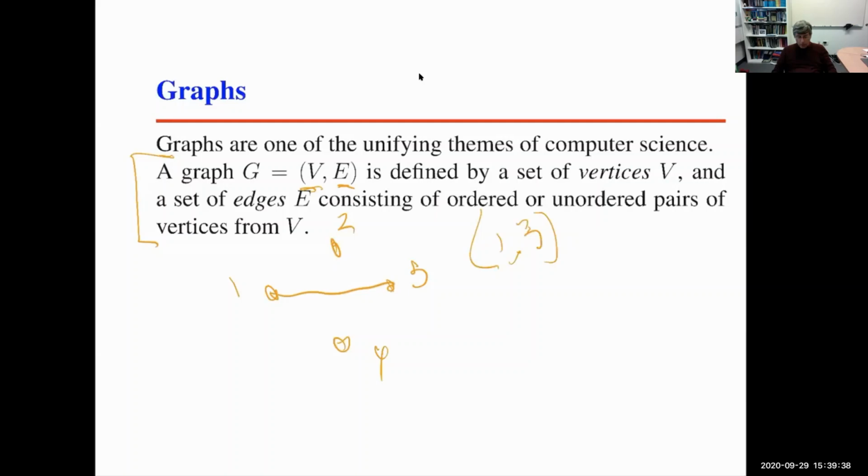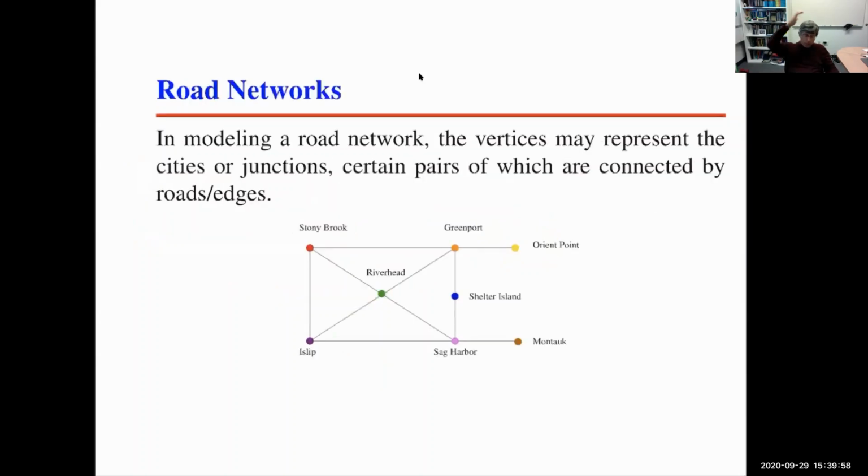It could be a directed edge, meaning the edge goes from 1 to 3, in which case I'll call it a directed edge. If it's a directed edge, it is an ordered pair. If it's just a pair, then it doesn't really matter; it's an unordered pair. But networks and graphs are very ubiquitous problems.